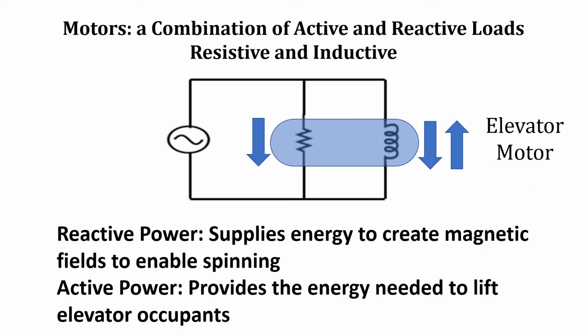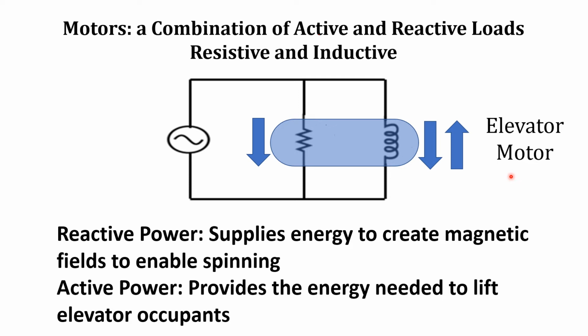Our last category of load is comprised of loads that are a combination of the first two, active and reactive. Motors represent the largest type of these loads. They are different from our first two categories simply because they are a combination of both of them, containing active and reactive elements.